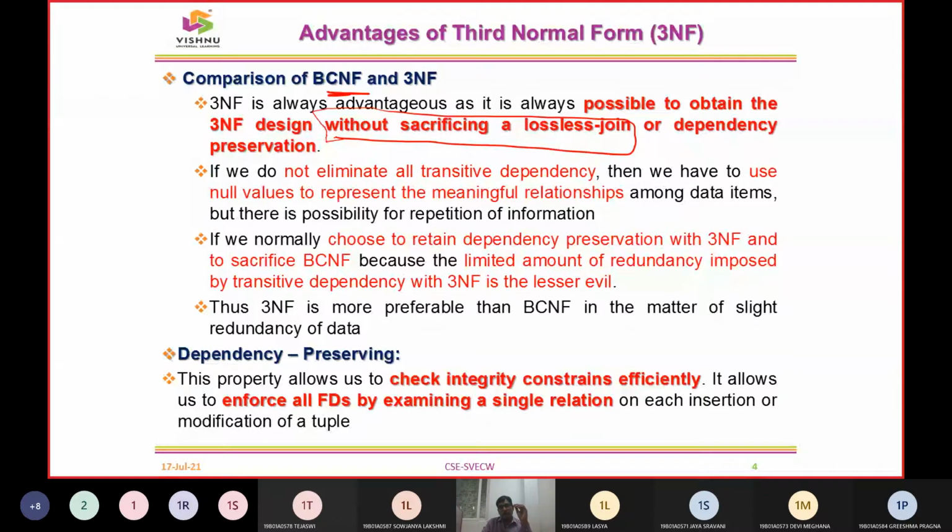Without any loss of information, even it can use null values, and thereby it is going to give up the redundancies. It is preserving the dependencies. So these are some of the advantages why the third normal form was more advantageous than the Boyce-Codd normal form.